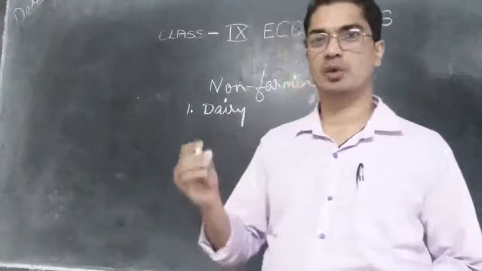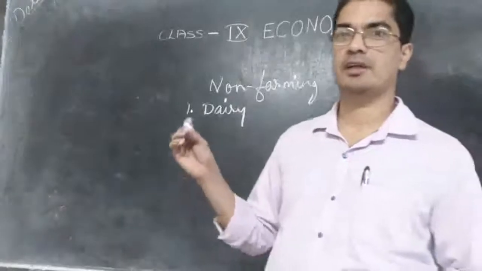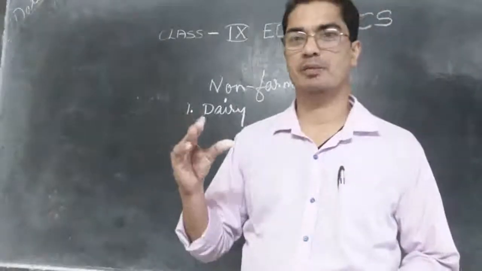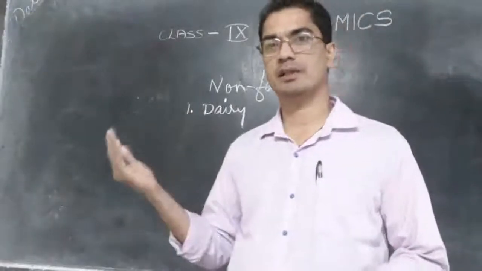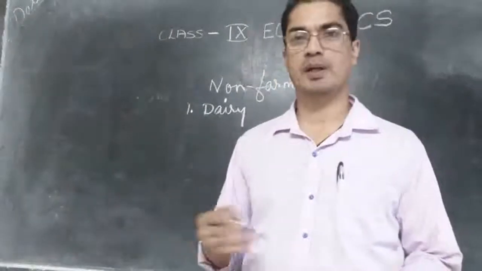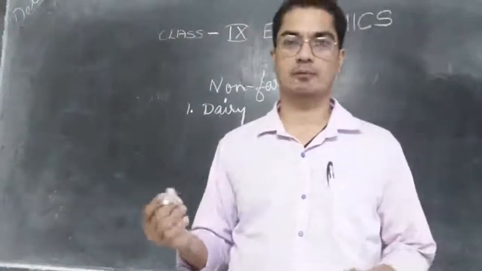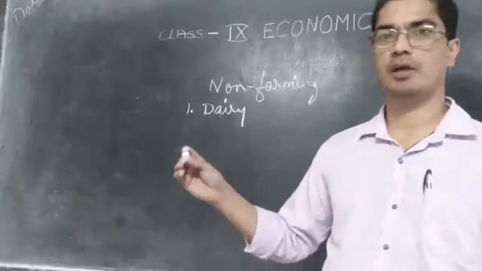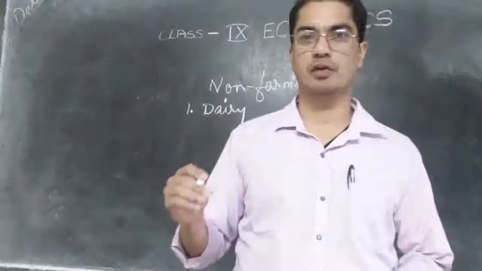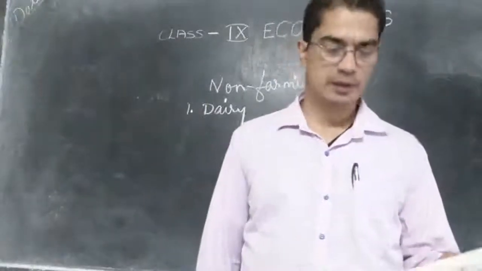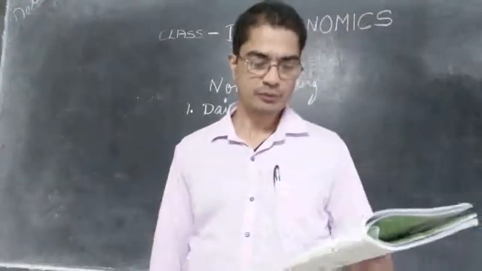So the people can go and give the milk to these traders, and they will buy the milk and keep it cold, and afterwards they will sell it in the market. So people can save their time. Of course they may have to give some extra money to these people for chilling and so on, yet they are saving their time.